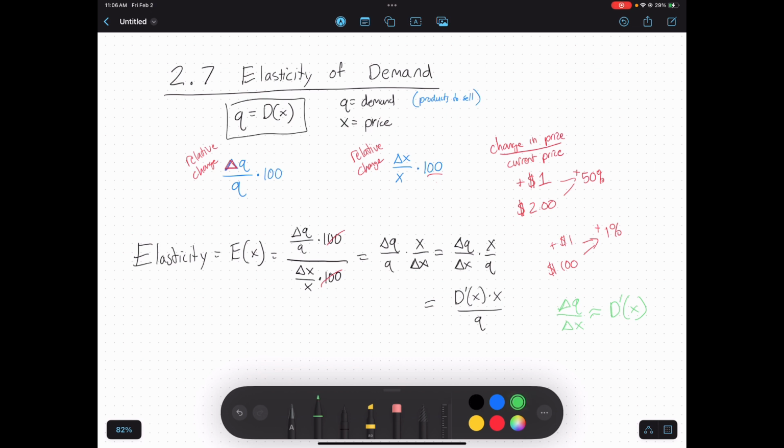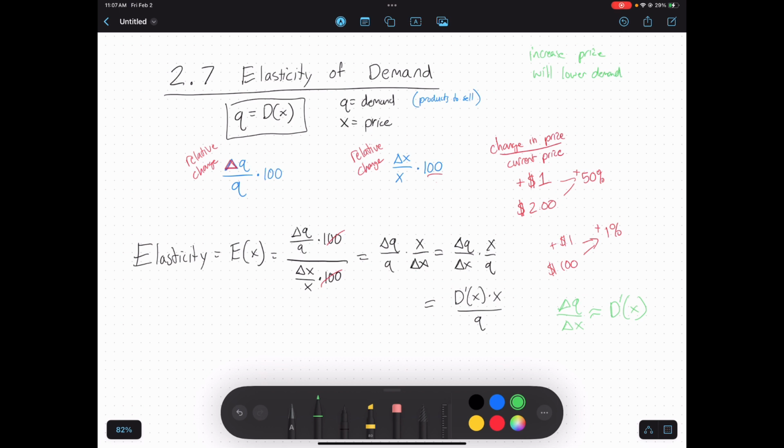If I think about a demand function, if you increase your x, if you increase price, what can you expect to see with your demand? If you increase the price, it's going to lower the demand.